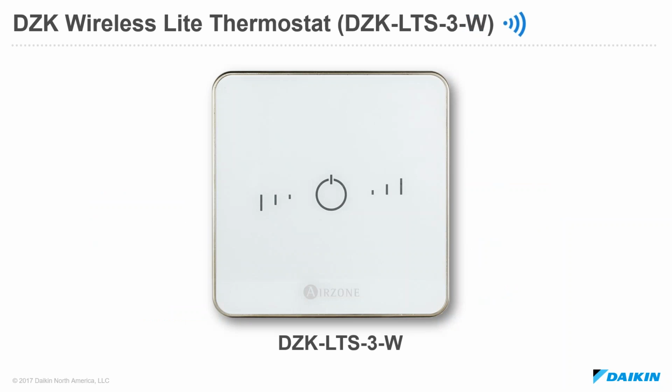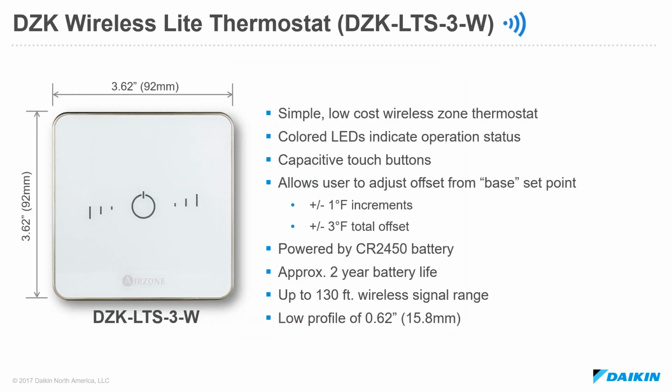So the third thermostat that we offer is the DZK wireless light thermostat, which is that DZK LTS-3-W. So the wireless light shares that same form factor, 3.62 by 3.62 inches by about 15 millimeters deep.